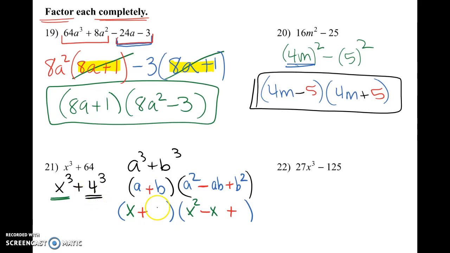B in this case is 4, so I have 4 here, I'm multiplying by 4 here, and I have 4 squared here. So simplifying, I have x plus 4, x squared minus 4 times x, or x times 4 is 4x, and 16.